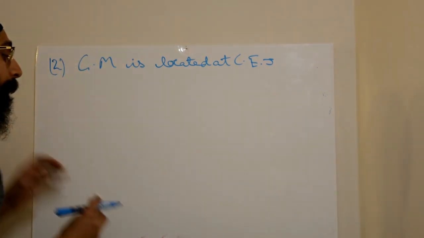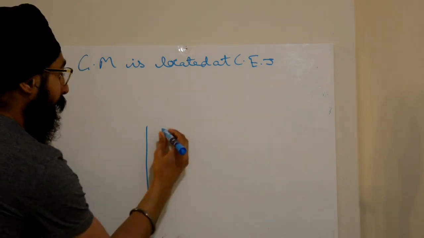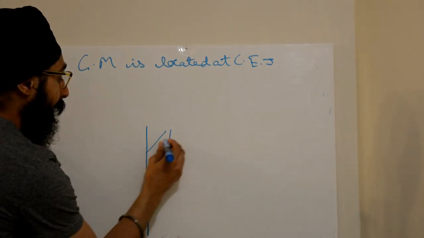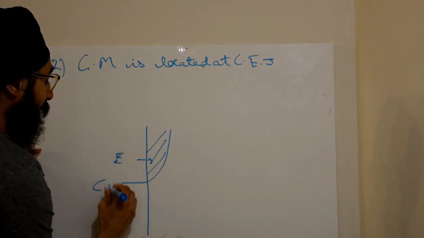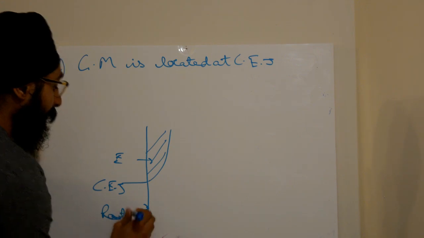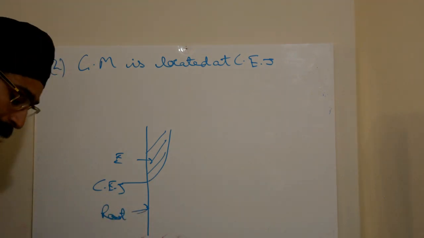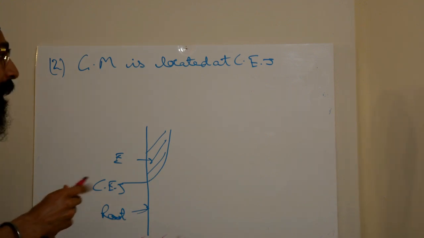Of course, the diagram will be like this, but it's going to be different. This is enamel. This is CEJ. This is root surface. The scenario is when the gingival margin is located at the cemento-enamel junction.